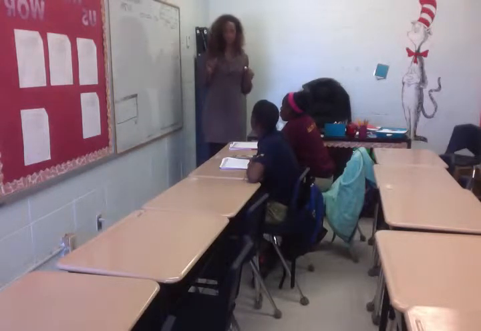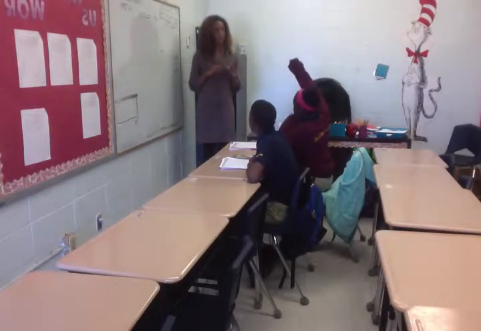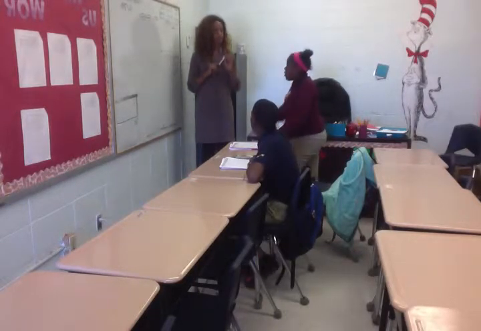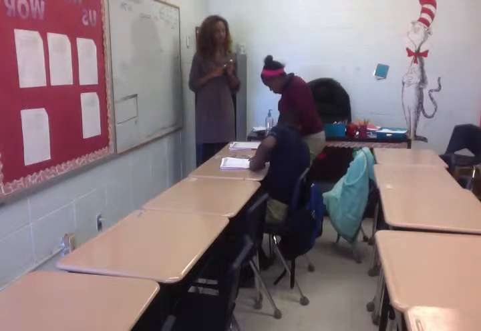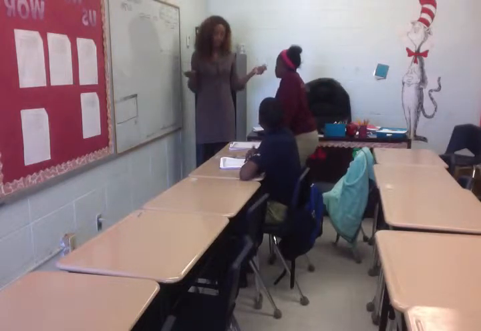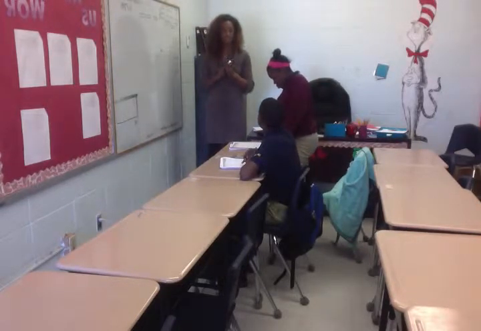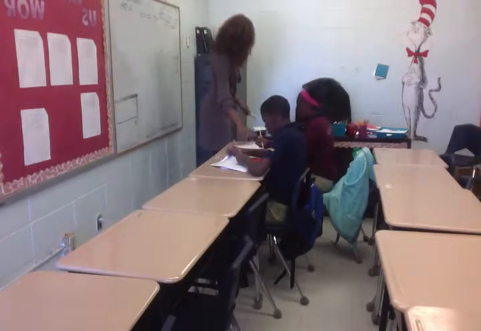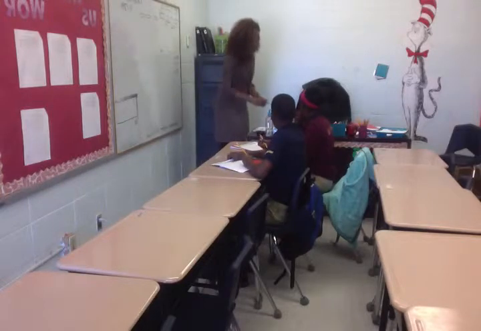So what is the first sentence we're going to write? The first sentence we're going to write is, they're in the car wash. Good. They're in the car wash. That's your first sentence. So if you don't have that written down, write it down. They're in the car wash.